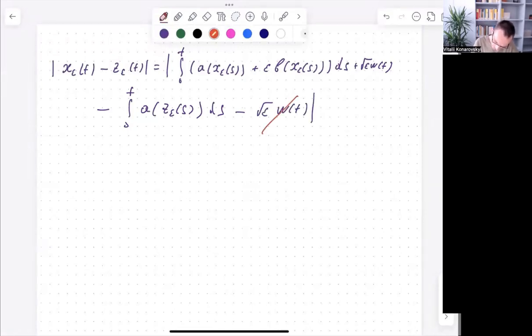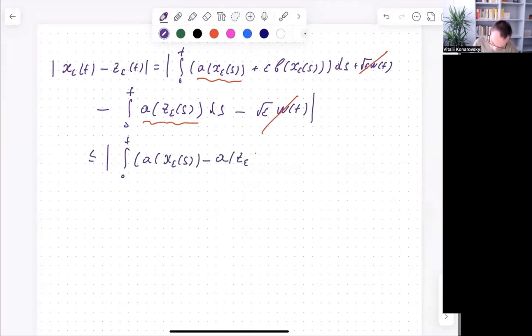You see that the W will cancel each other, and you can combine this term with that term, and you can also use the triangle inequality. Therefore, we have the following estimate: the absolute value of the integral from 0 to t of a of X^epsilon_s minus a of Z^epsilon_s ds, plus epsilon times the integral from 0 to t of b of X^epsilon_s ds.